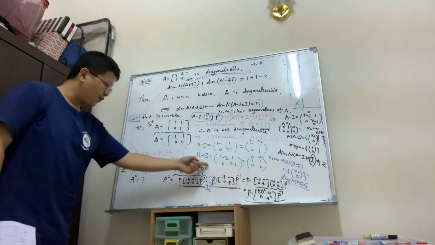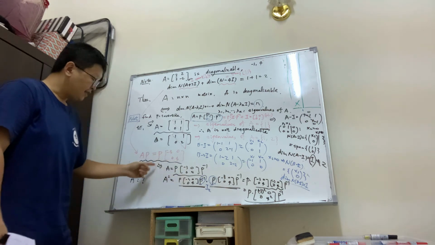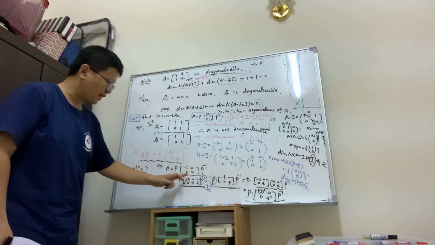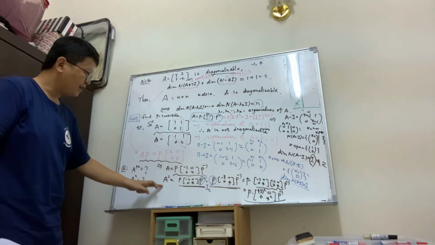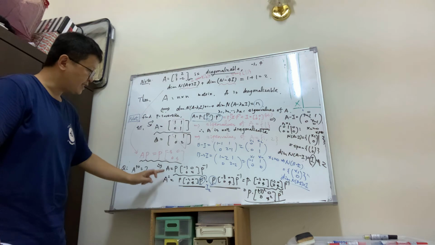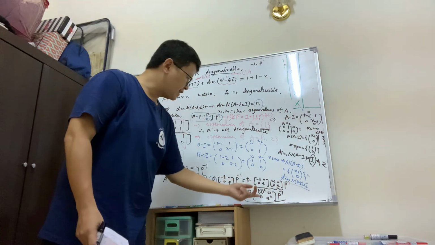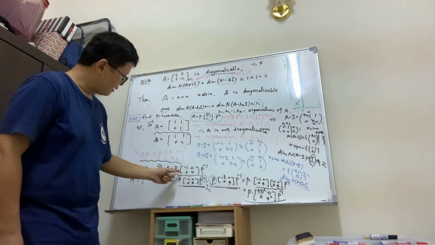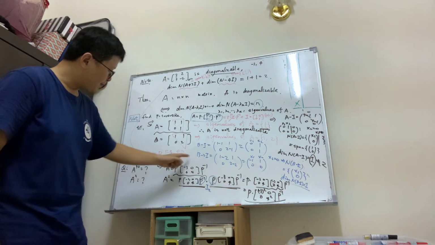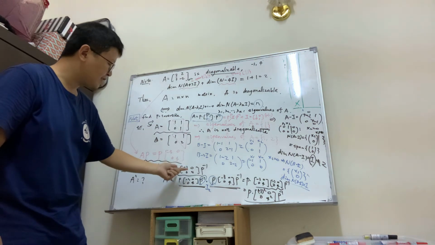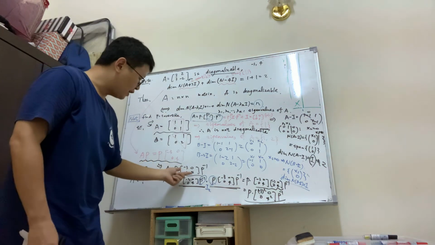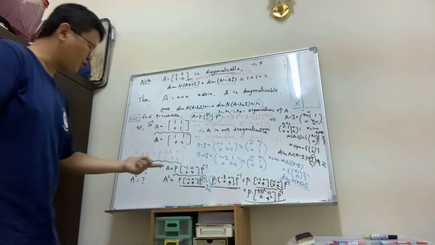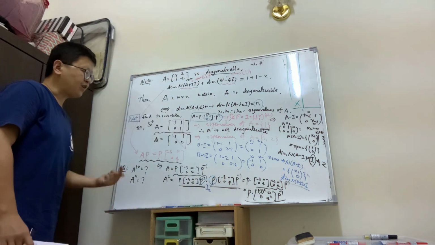If A is of this form, meaning A is diagonalizable, then it's similar to a diagonal matrix. When we consider it squared, you will see it's exactly equal to this one. Just in the middle of the product, the middle matrix is diagonal, and we just need to square it. Since it's a diagonal matrix, once we square it, it's very easy to compute.